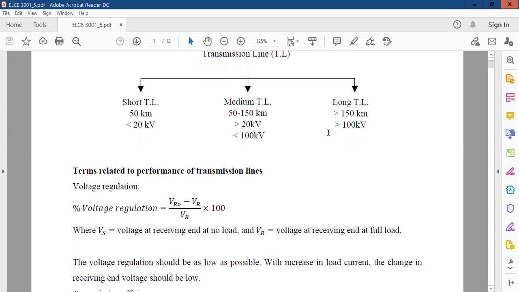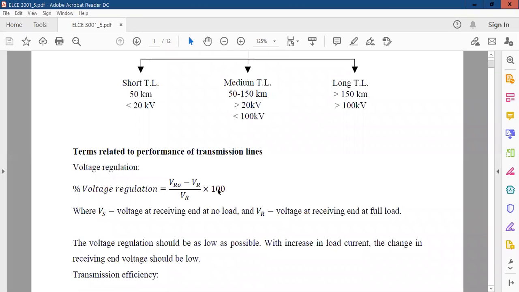Practically, we don't have voltage regulation equals 0. Always there is a voltage drop in the line. So voltage regulation equals (Vs minus VR) over VR, this should be VR, okay? Here it's Vs, this should be VR. It is a percentage, so we will multiply it by 100.